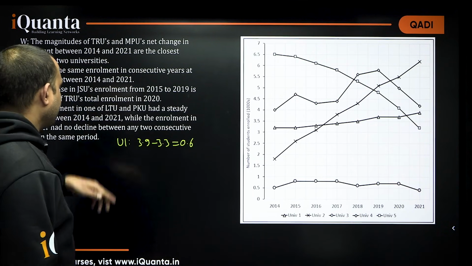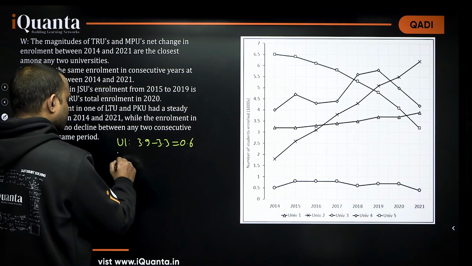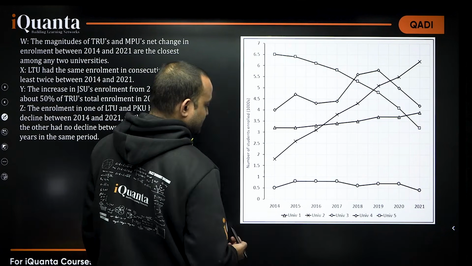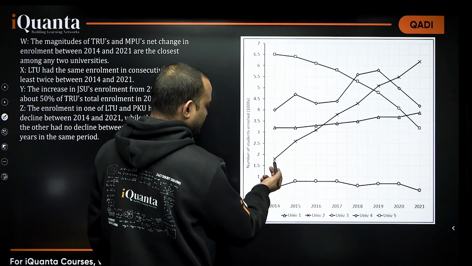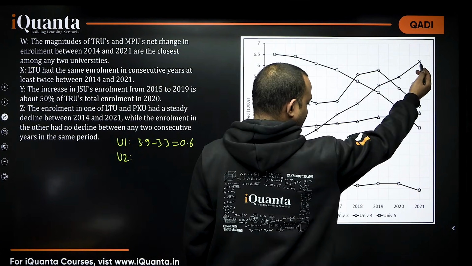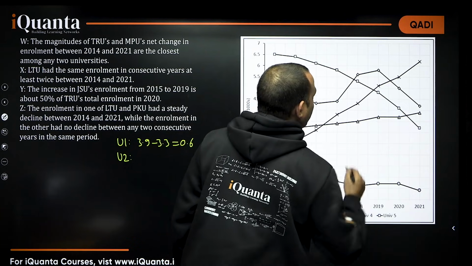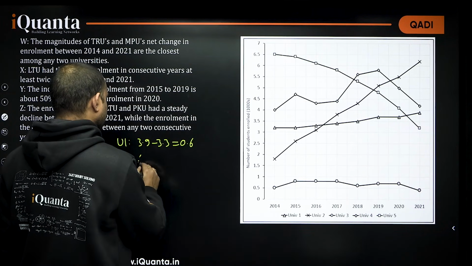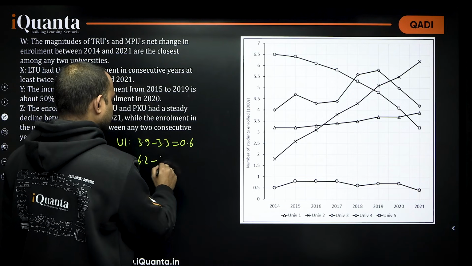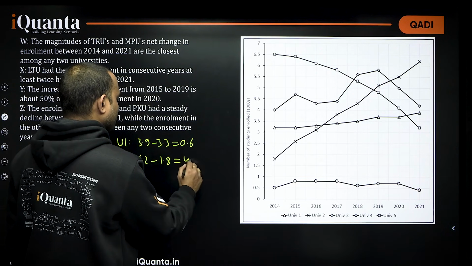Then University 2, the cross: it was 1.8 in 2014 and 6.2 in 2021. So, 6.2 minus 1.8 is 4.4.